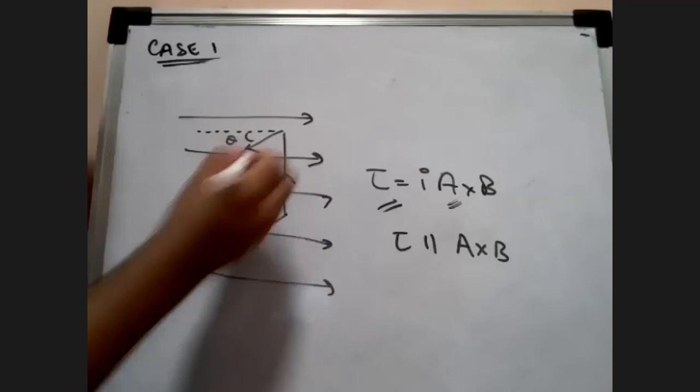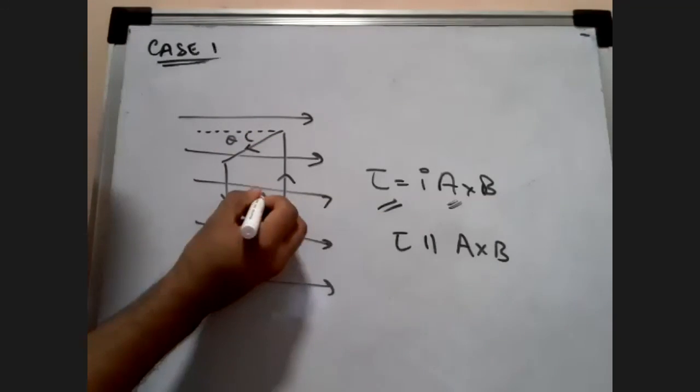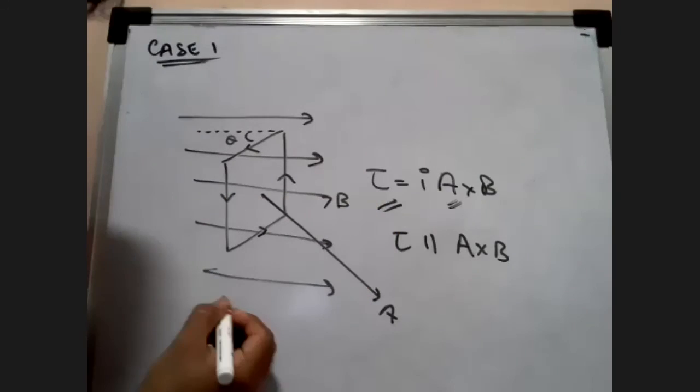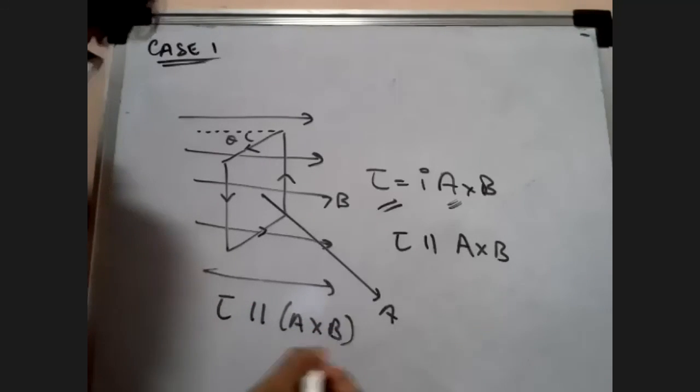In that case, if you apply the right hand rule, the area vector is coming outwards, like A, but this is B. And so torque will always be parallel to area vector cross B, in this direction, A to B.